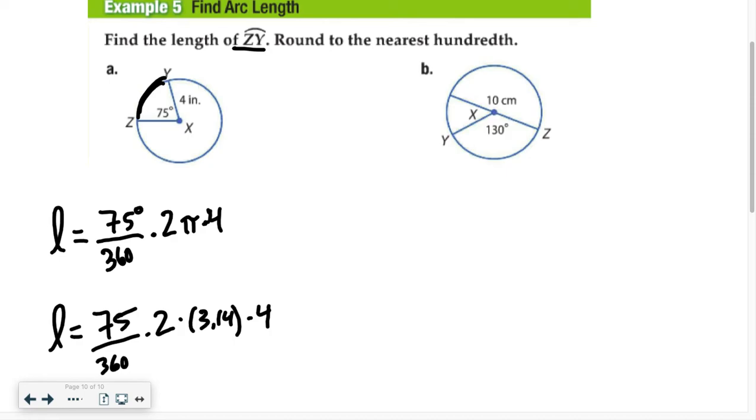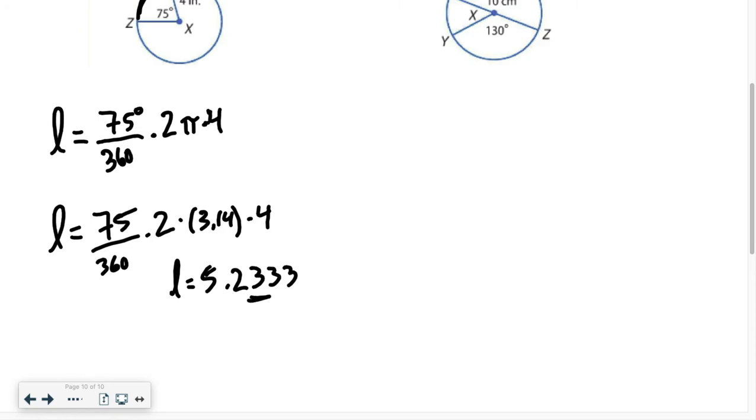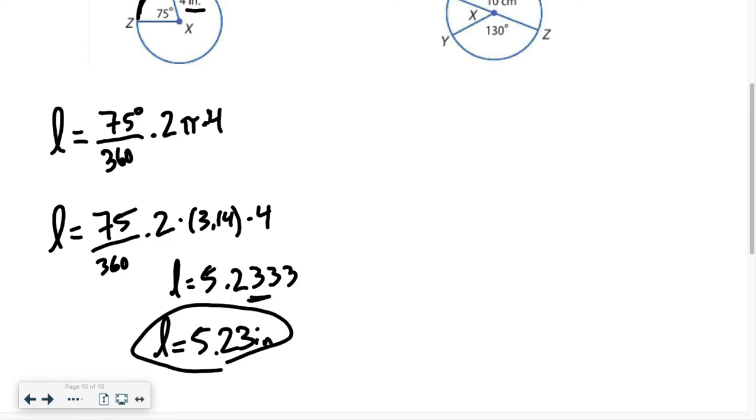In fact, that's what I'm going to do right now. 75 divided by 360 times 2 times 3.14 times 4. 5.23 repeating, that's 333. So the nearest hundredth, guys, that's 2 decimal places. So arc length is 5.23. Our units are inches. Again, it's a linear measure.